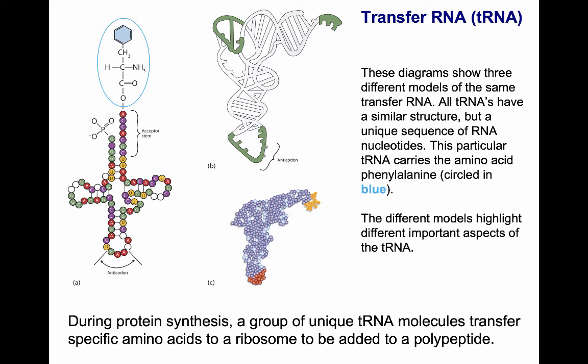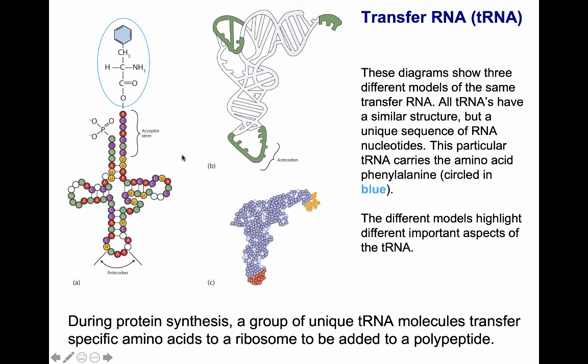A protein is a polymer made of amino acid monomers joined in a chain. So to make a protein, you've got to bring a sequence of amino acids together and bind them together. Well, the carriers for the amino acids, the little shuttle buses that deliver the amino acids to a ribosome to make a protein, are the tRNA molecules.